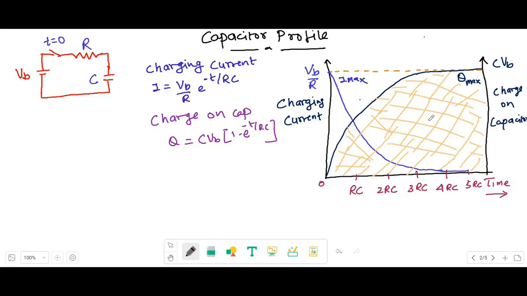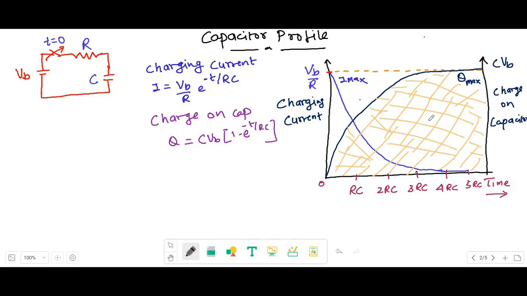If you want to understand this using the capacitor charging profile, let us look here. At time t equals 0 plus, as soon as you close the switch, the maximum current which is going to flow is I max, and I max is going to be VB divided by R. The voltage divided by the resistance value is the maximum current which is going to flow through your capacitor.